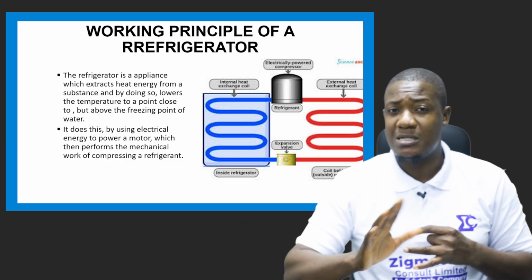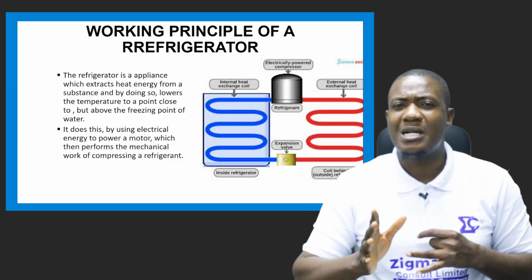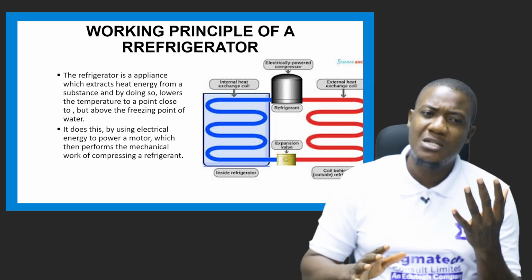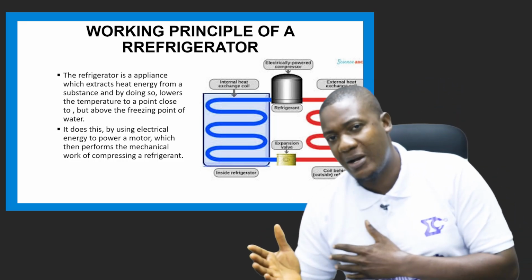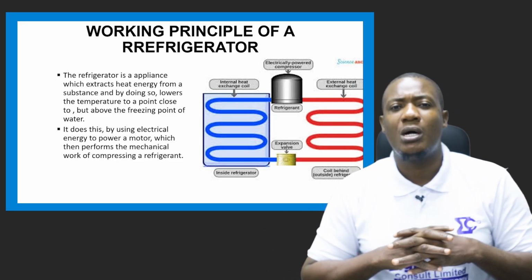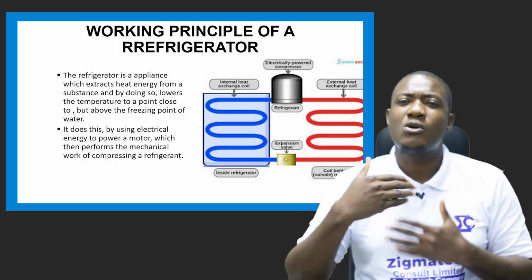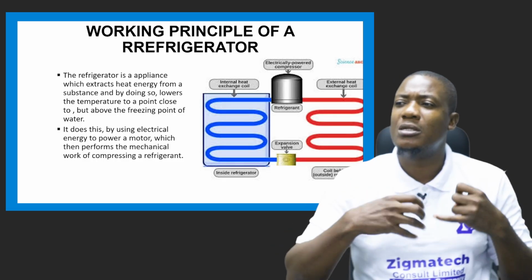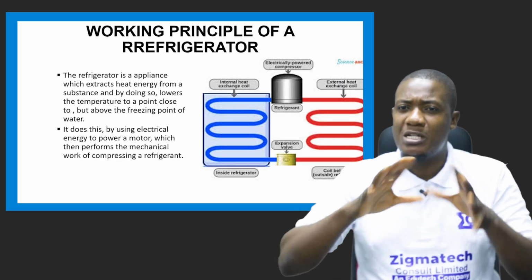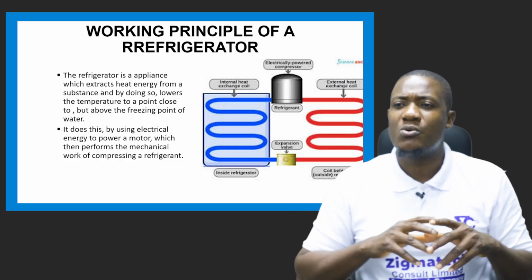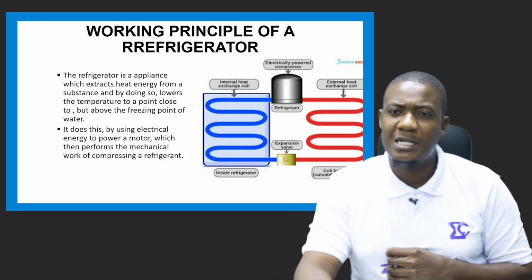They have that ability. Not all liquids can do that easily. They change easily into vapor and change easily back into liquid. So we call the liquid we have in the refrigerator refrigerants, right?